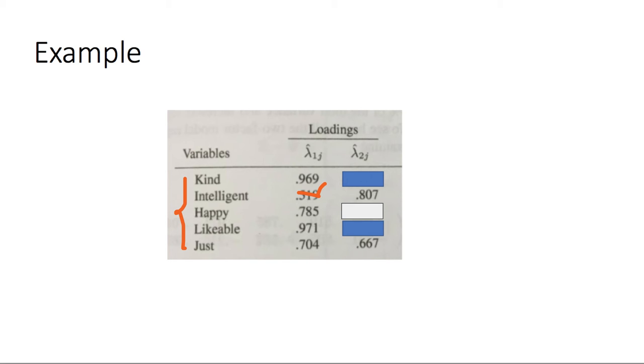Then for factor 2, the intelligent and the just contribute to factor 2. That is the conceptually complex model, where one item contributes to several factors. Like the just, it loads on factor 1 as well as factor 2.